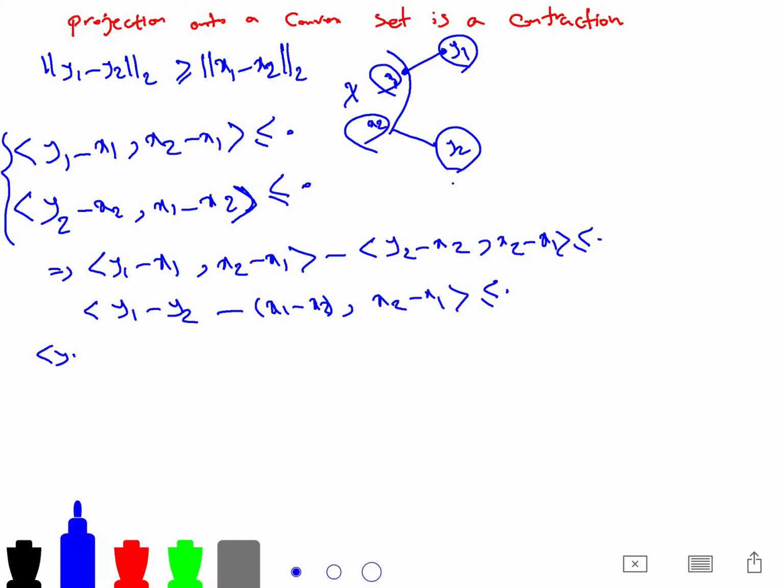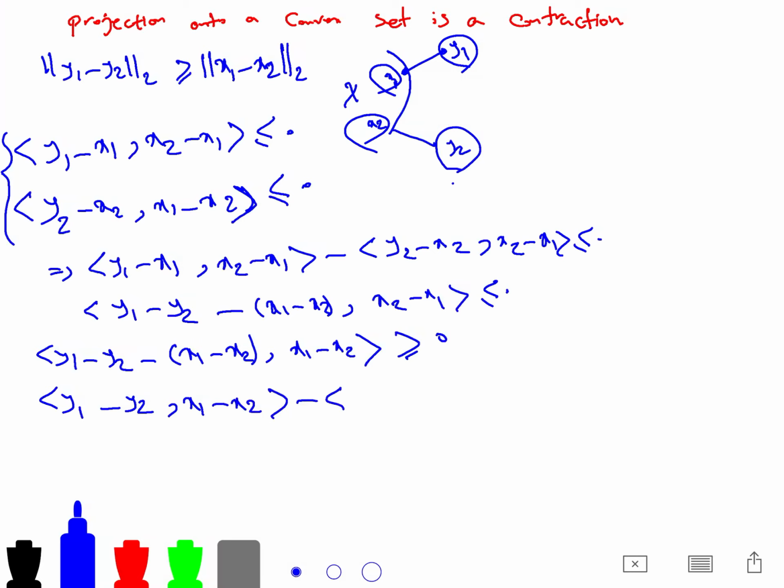So we can write that the inner product between y1 minus y2 minus (x1 minus x2) and x1 minus x2 is greater than or equal to 0. One more time, we are just separating them: y1 minus y2 minus (x1 minus x2), and x1 minus x2, is greater than 0.